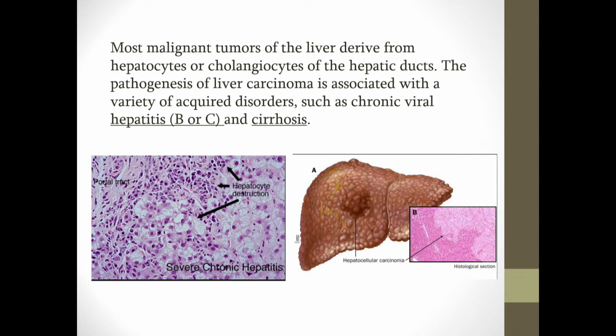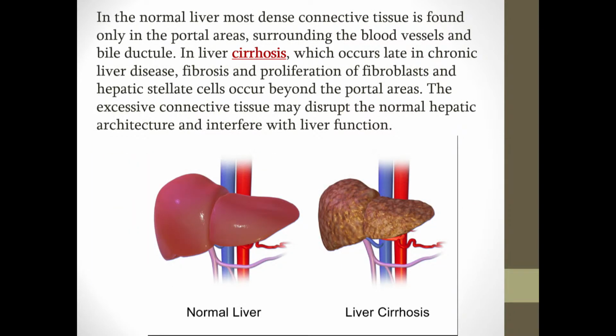Okay, now the normal liver and liver cirrhosis. For cirrhosis, one of the main reasons is alcohol. In the normal liver, most dense connective tissue is found only in the portal areas surrounding the blood vessels and bile ductules.